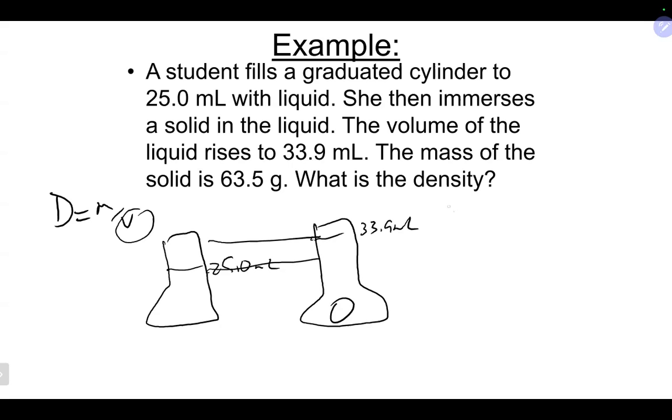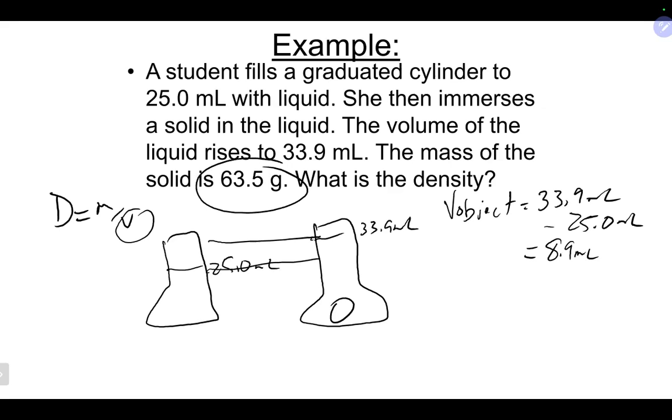So the volume of the object in this case would be our final volume, which is 33.9 milliliters, minus our initial, which was 25 milliliters. And that's going to give us 8.9 milliliters. In this case, we have the grams given to us right off the bat.